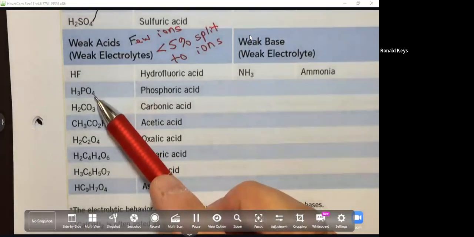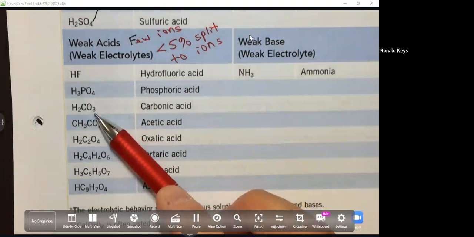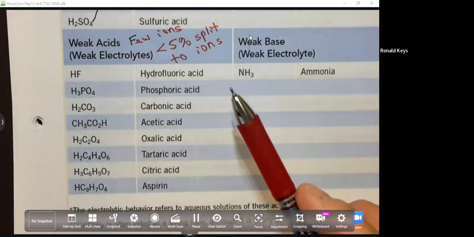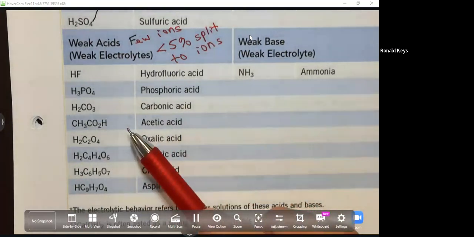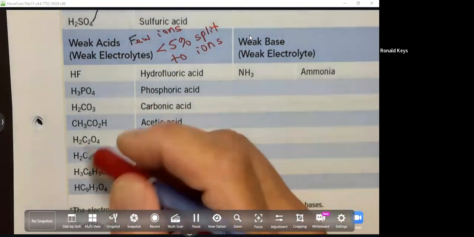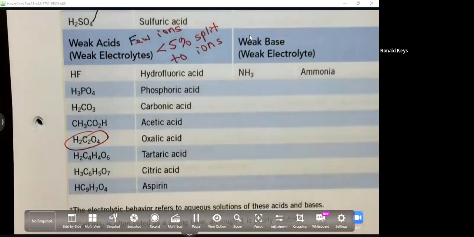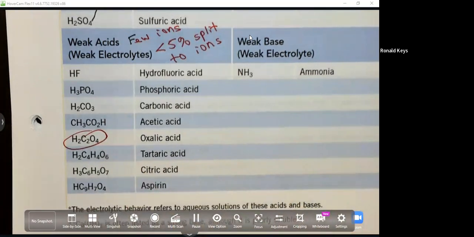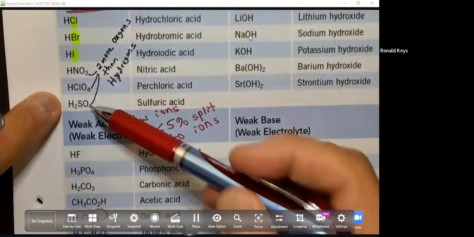Notice this is only 1 more oxygen than hydrogen, right? This is only 1 more oxygen than hydrogen. This is more hydrogens than oxygen. There's one exception to the rule, oxalic acid. Up here though, nitric, perchloric acid, and sulfuric.